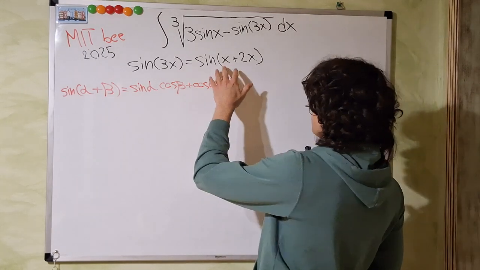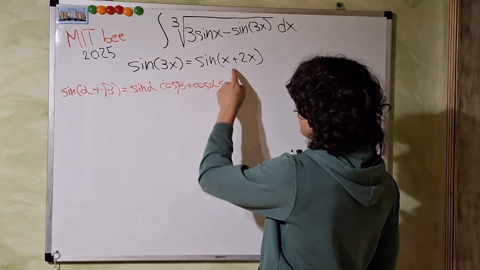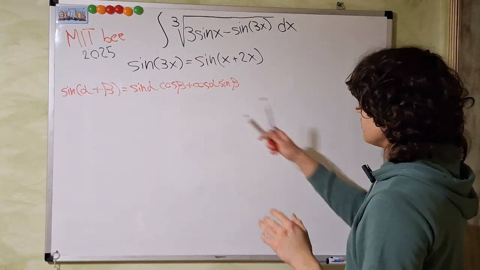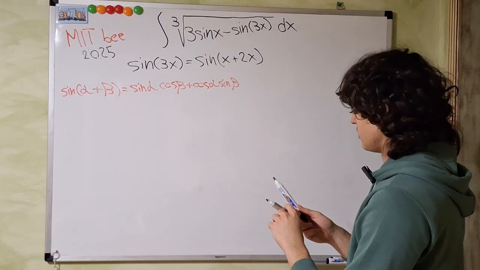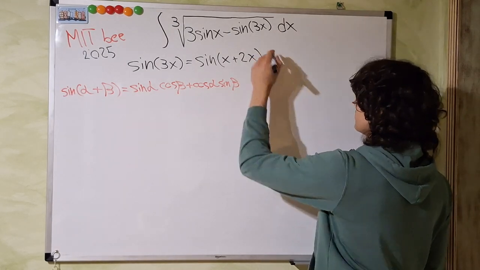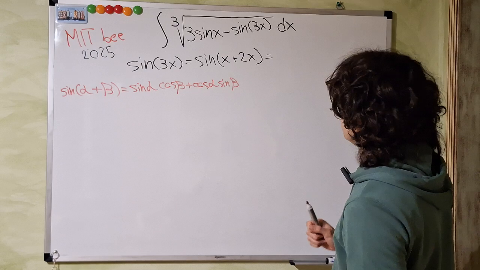This is an identity. We won't prove it today, but we're going to use it. And in this case, alpha is x and beta is 2x. So we can apply this formula to our formula here. I'm writing it right here. Is there enough space? Let's see.